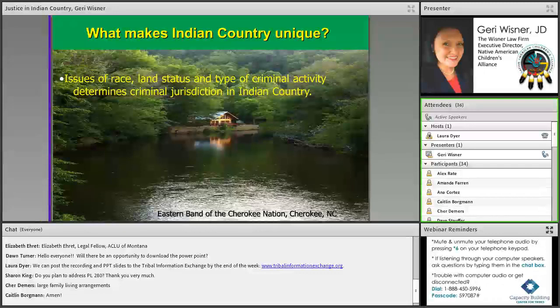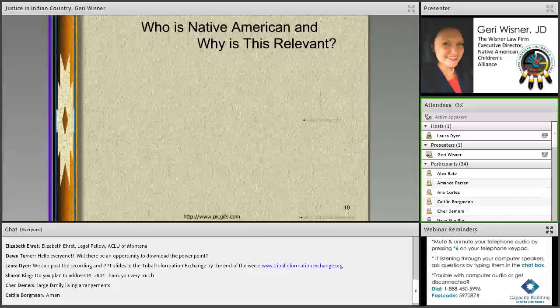The tribe may be more than one tribe, and the land issue, or where they can exercise jurisdiction, could be significantly different as well. So I only point that out because who is Indian and who has jurisdiction will depend on what's going on and what the factors involved are.